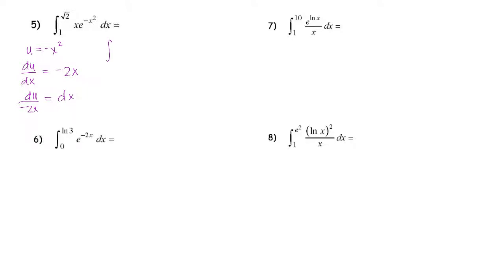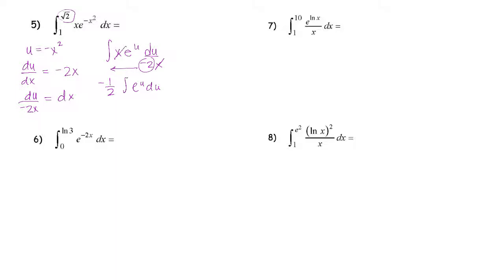And so when we come back up here, we do have x, e to the u, and dx is du over negative 2x. Those x's are going to cancel. We're going to move out our negative 2. So we're going to have negative 1/2 times e to the u du.